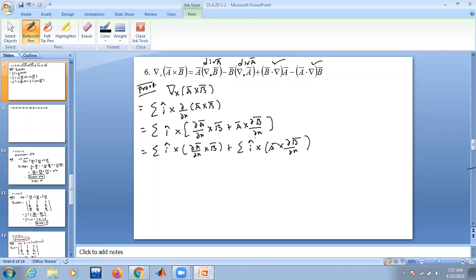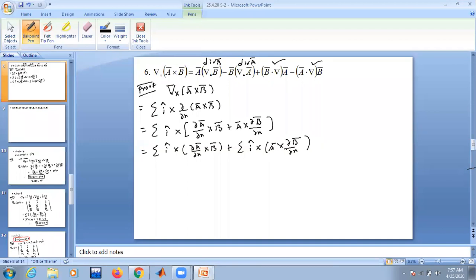Is it okay? Now see here, vector derivative vector, but here vector derivative. Both the terms I would like to see in a similar form. So here also I would like to see vector derivative vector. In that case, what I have to do? If I interchange these two, I have to multiply with minus.